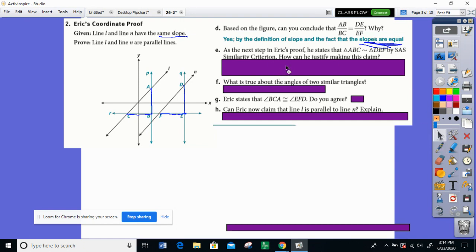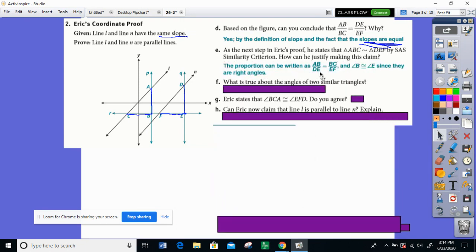So as the next step in Eric's proof, he says that triangle ABC, this triangle on the left, is similar to triangle DEF by SAS Similarity Criteria. How is he allowed to do this? Well, we already have two pairs of corresponding sides that are proportional, and we know that angle B is congruent to angle E because they are right angles.